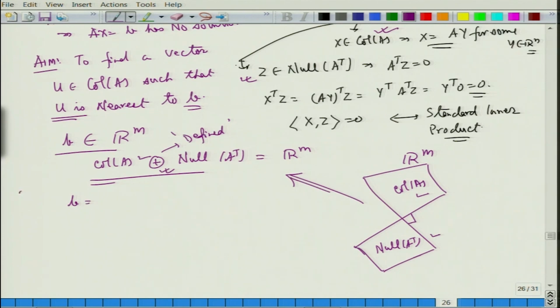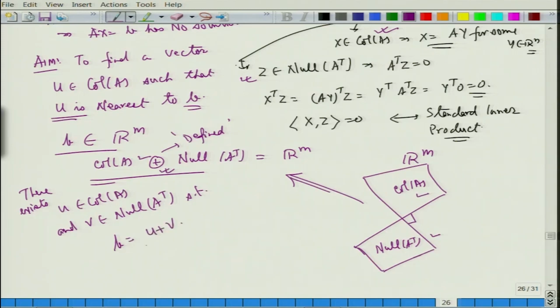So there exist U belonging to the column space of A and V belonging to the null space of A transpose such that B is equal to U plus V. Is that okay?